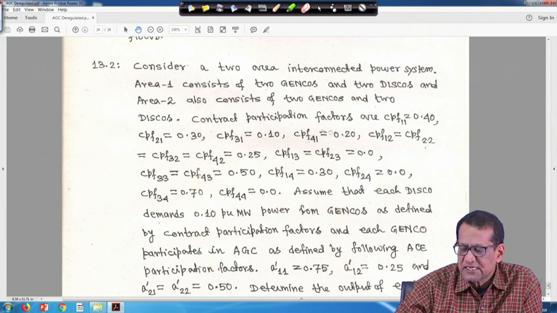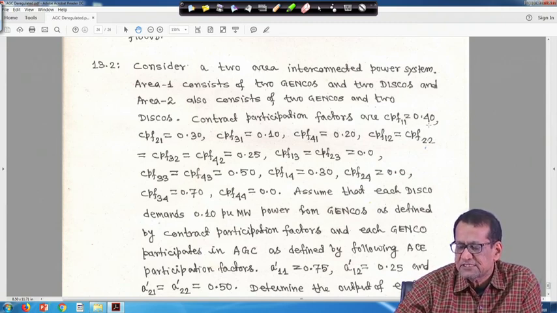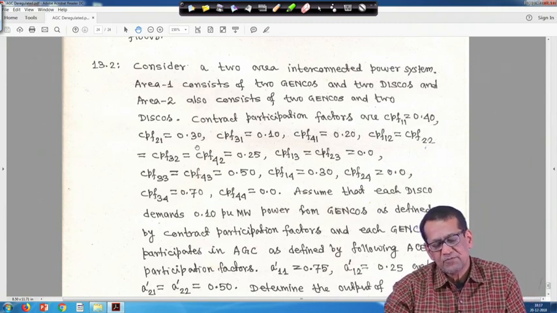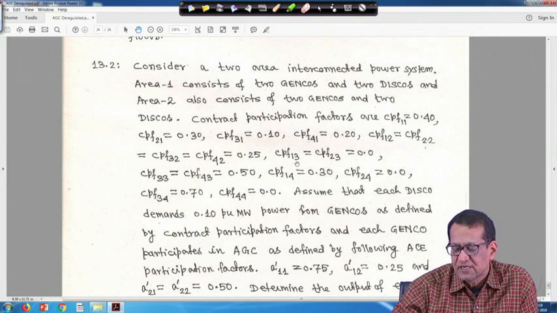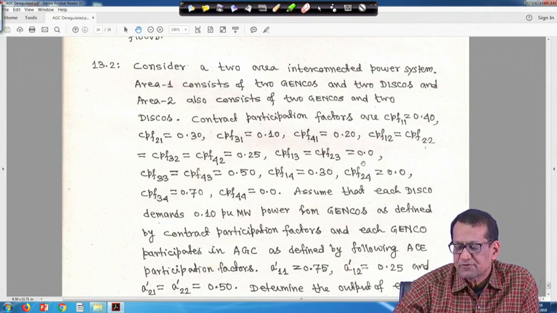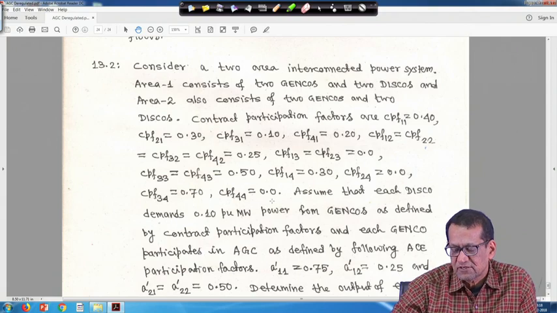Contract participation factors are given: CPF 11 is 0.4, CPF 21 0.3, CPF 31 0.1, CPF 41 0.2, and CPF 12 is equal to CPF 22 is equal to CPF 32 is equal to CPF 42 is equal to 0.25. Now, CPF 13 is equal to CPF 23 is 0.04, CPF 33 is equal to CPF 43 is 0.5, CPF 14 is 0.3, CPF 24 is 0.0 and CPF 34 is equal to 0.7, CPF 44 is 0, right.